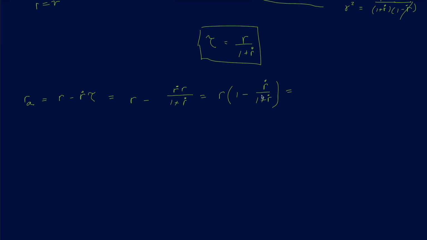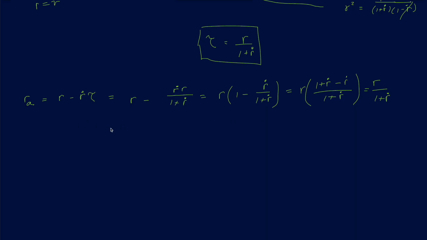Now, let's make this over a common denominator. So we're going to get r outside again. Now we're going to have 1 plus r dot minus r dot over 1 plus r dot. And those r dots cancel, and you get r over 1 plus r dot.